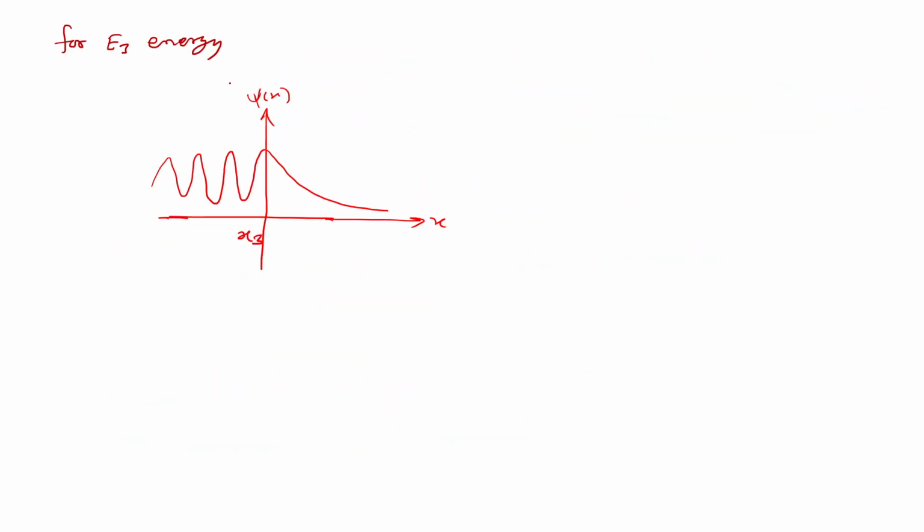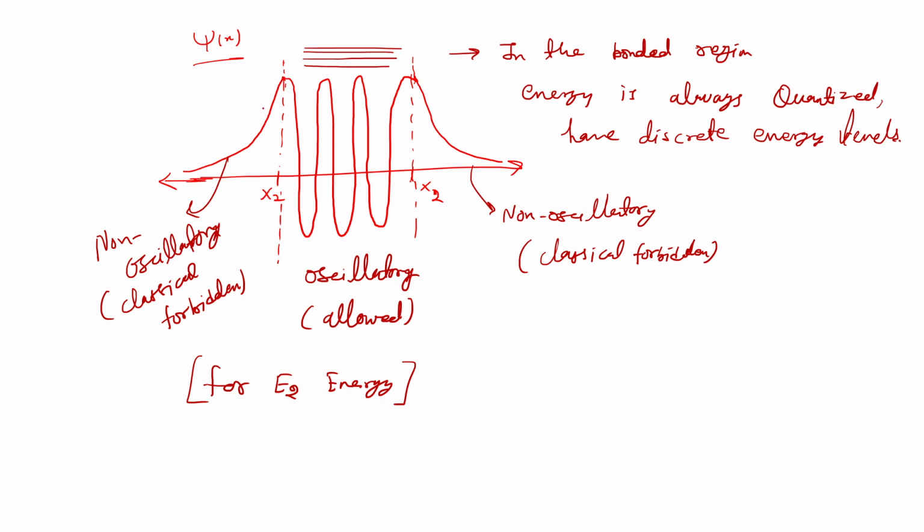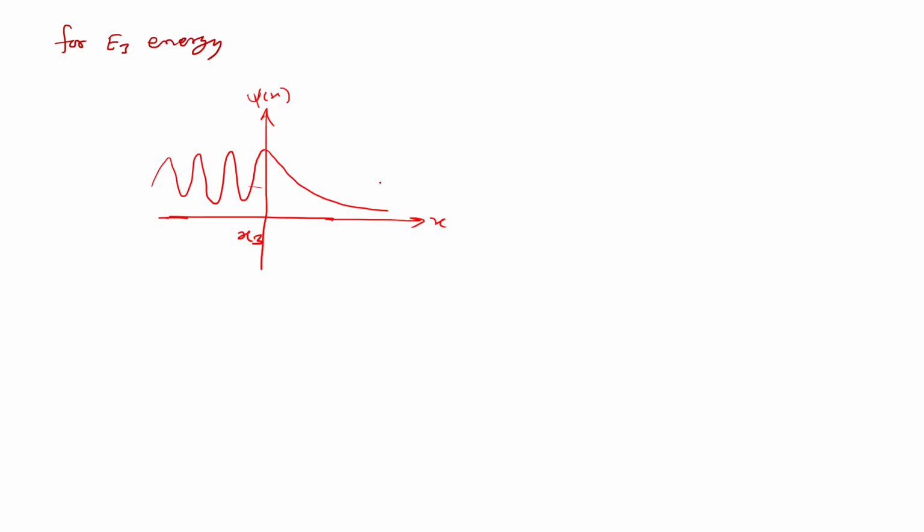So I hope you are very much clear. This is your bounded system. This region is bounded because you see exponential nature here, exponential nature here, and in between you have an oscillatory nature. But this other system is not bounded, because on this side you have only oscillatory nature, and on this side an exponentially decaying one.